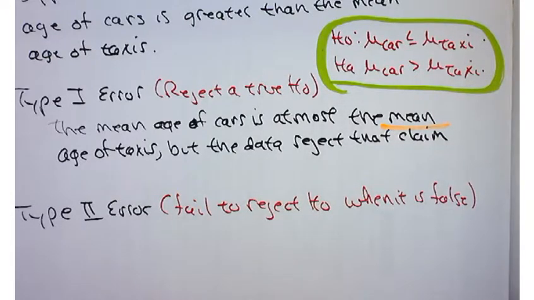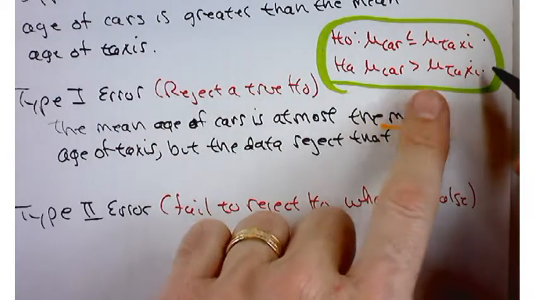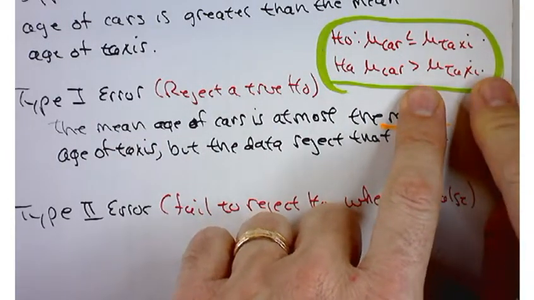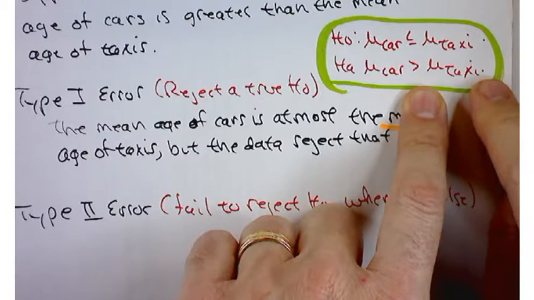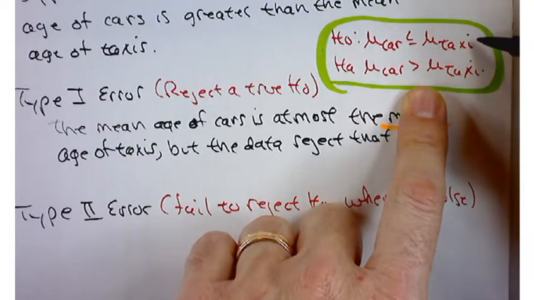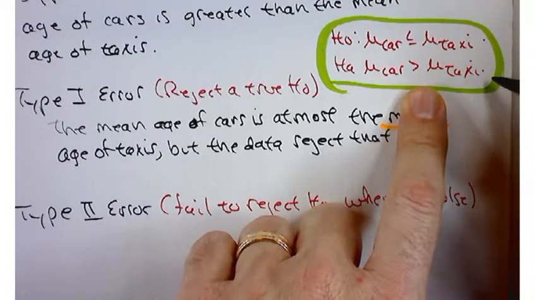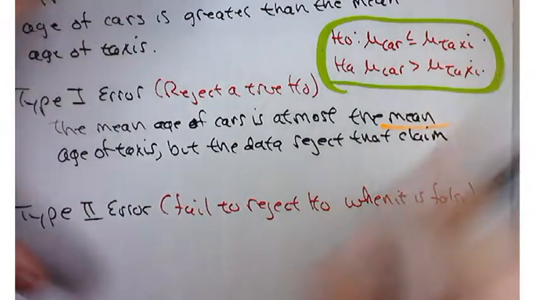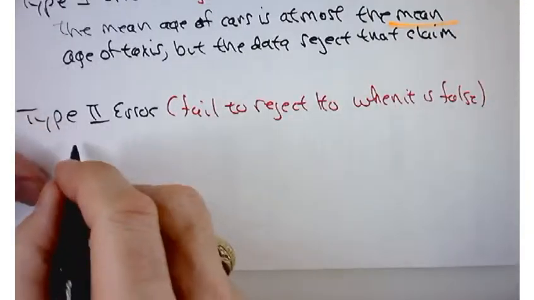Does anyone else want to try theirs? I mean, it's better to learn now than to learn on Monday. Gio? Mean age of cars is greater than the mean age of taxis. Data reject that claim. Almost. The mean age of cars is greater than the mean age of taxis, but the data fail to support that claim, right? Because we didn't reject this claim, we failed to support it. So let's try it that way.